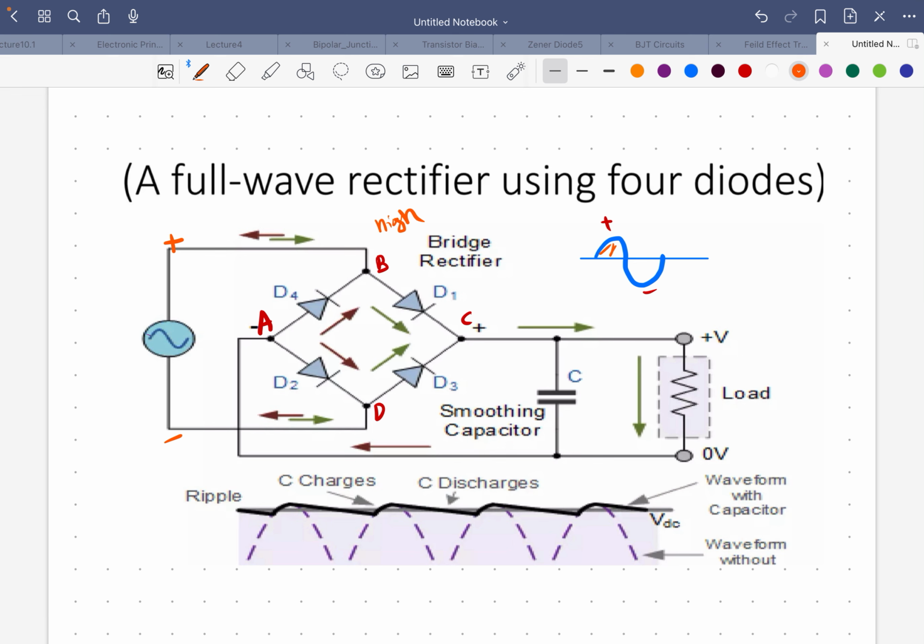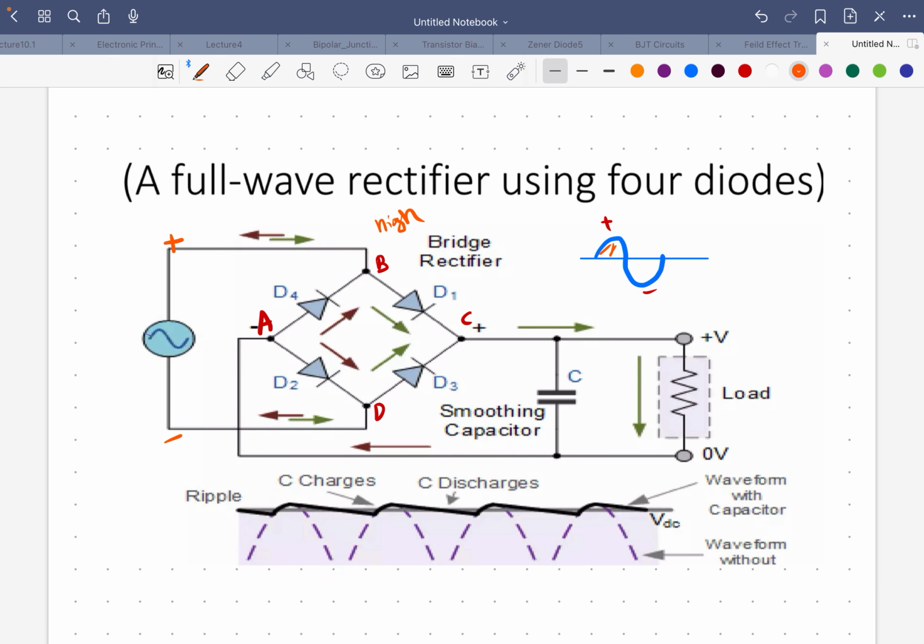So clearly we cannot go from A to B since B has a higher potential than A. So we'll go through diode number 2 to point D and then back to the source, and this explains the positive half cycle, which, when we graph the DC wave, will be this side.